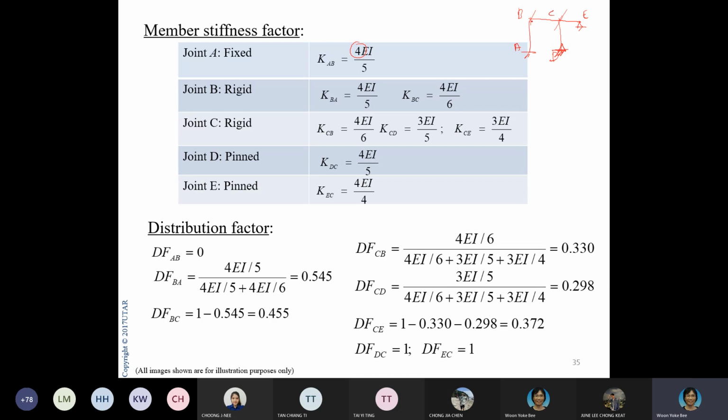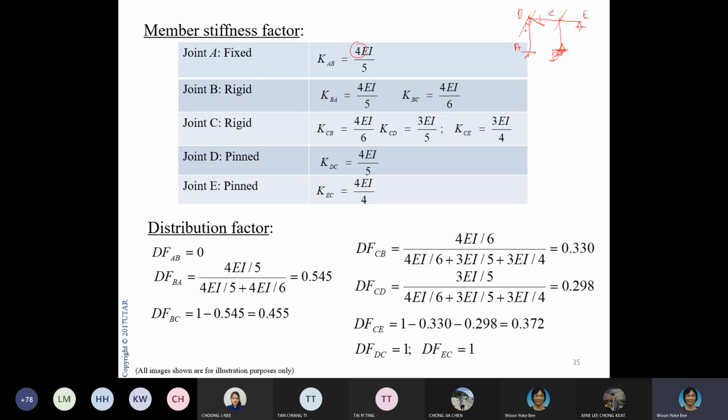Well, we normally refer to all the joints as rigid unless we specify differently. So when they are rigid, that means it rotates as one. So when this joint B rotates, it rotates here. The angle of rotation here and here would be the same. So that's why we call it rigid.